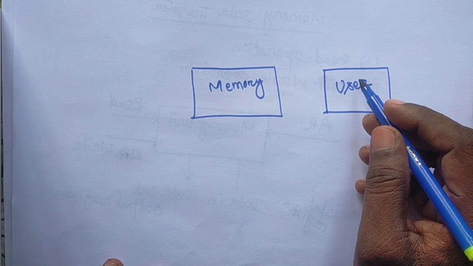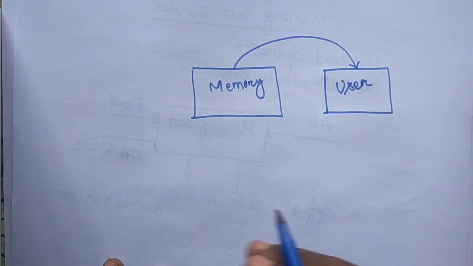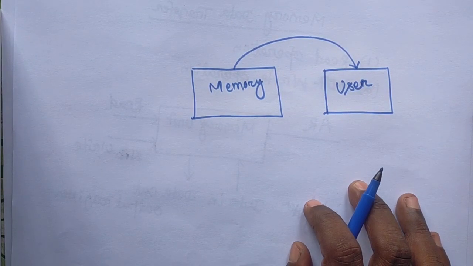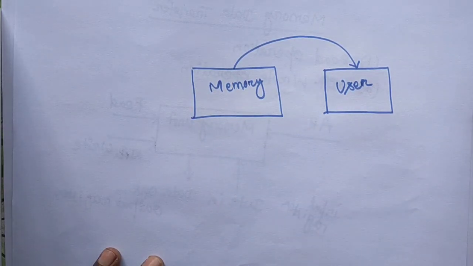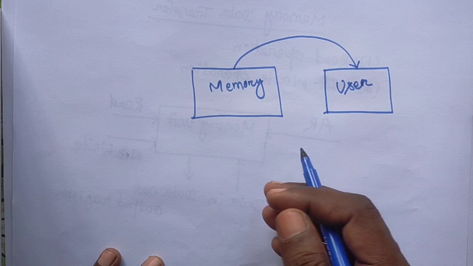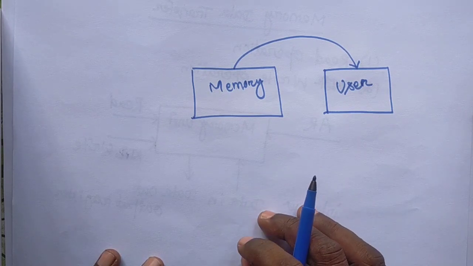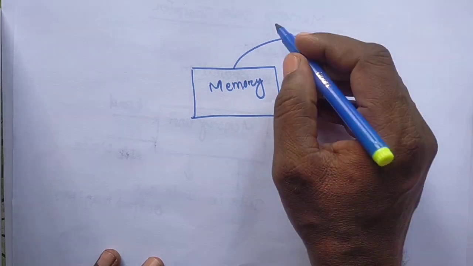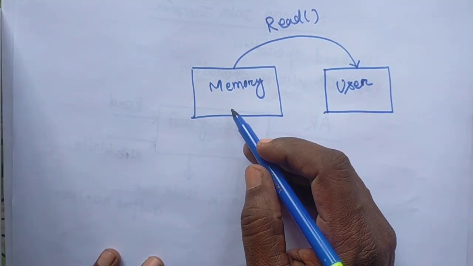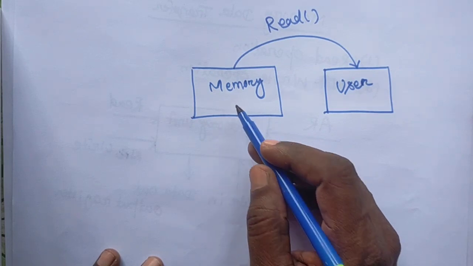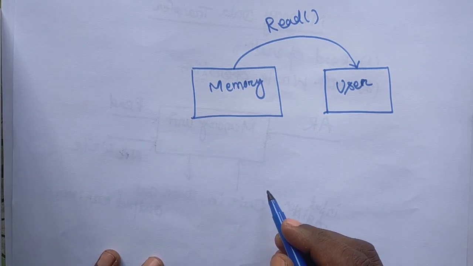If we collect data from memory to the end user, any user collecting from main memory, suppose we want to see the data which is available in memory. If we collect data from memory, we use the read operation, because we retrieve data from memory, we read the data from memory, then we use the read operation.